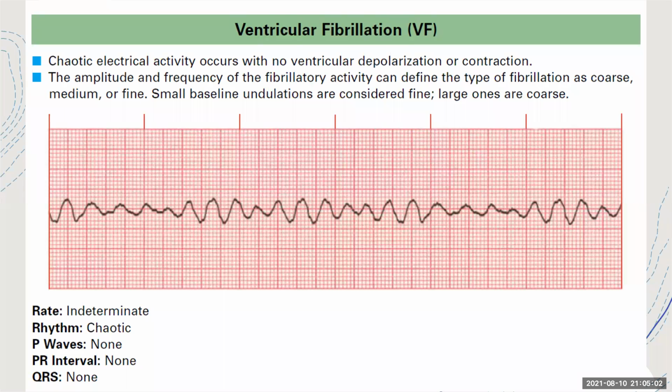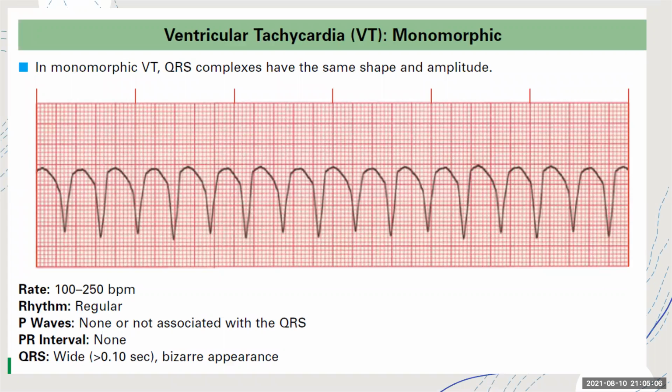Then we can say it's ventricular fibrillation. Can you appreciate this picture with this one? Here, every wave is monomorphic, the same wave. So if every wave is the same and monomorphic, as compared to the fibrillation, then you can say this is ventricular tachycardia.